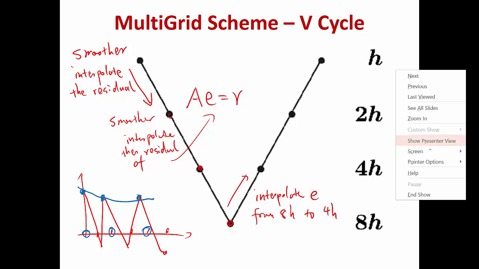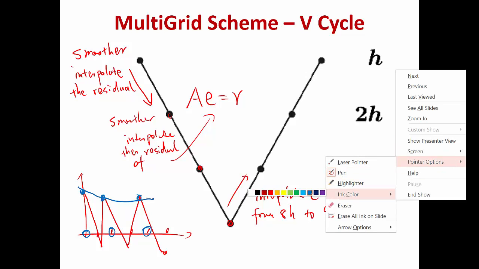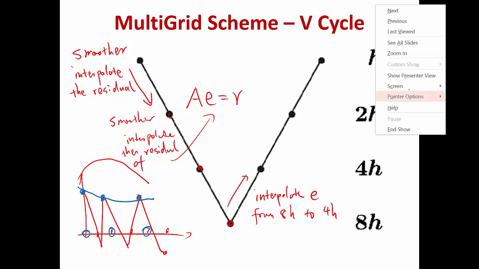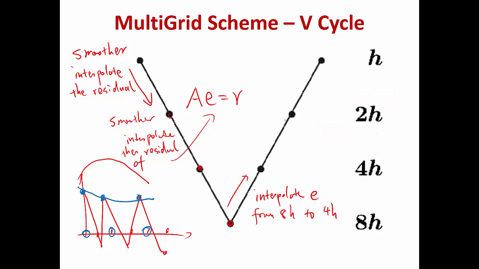On the other hand, if you have a solution with only low frequency content, let's say a solution like that, then when you pick up the same solution at a coarse grid, you get this, and this. It's still a good approximation of the original solution. So especially in the multigrid context, that's the difference between low frequency content and high frequency content.